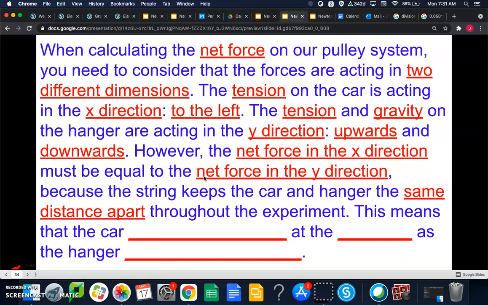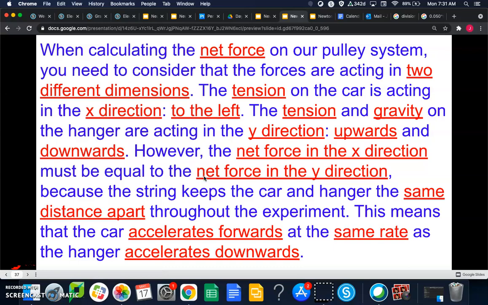We know this is true because the car accelerates forward at the same rate the hanger accelerates downward. And again, that's because the string keeps them the same distance apart. If that string wasn't keeping them the exact same distance apart the whole time, they might not be accelerating at the same rate. But because of that string, it's sort of connecting them all as one big system.